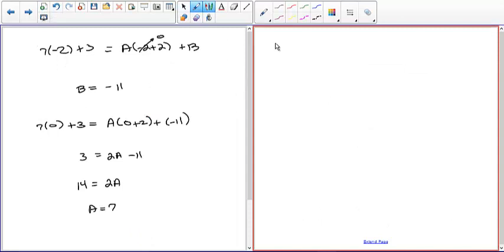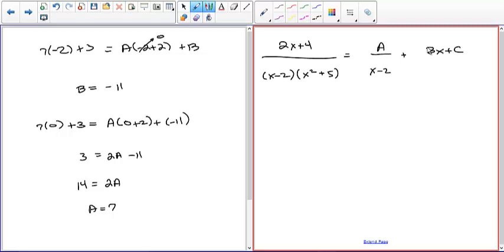I don't have an integral there, but we are going to integrate it. So that's going to be a divided by x minus 2 plus bx plus c divided by x squared plus 5.